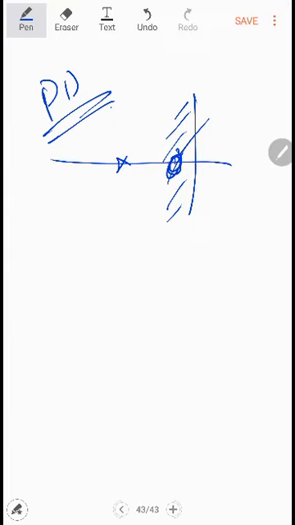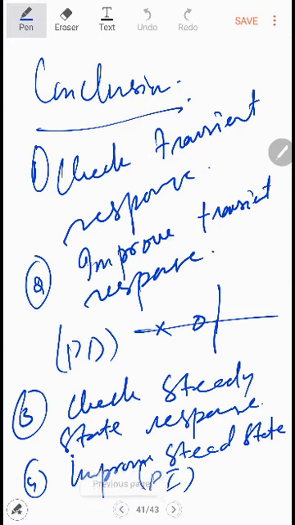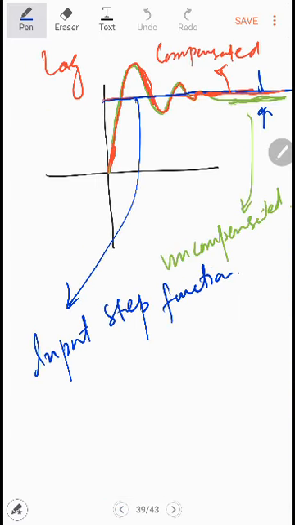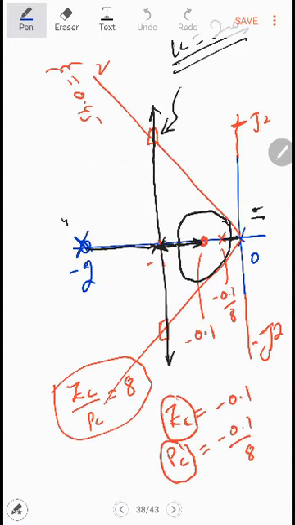So with this, we finish our topic here. Let me also say that even over here, if the design parameters are different, the locations of the poles and zeros will be different, so you will see different values.